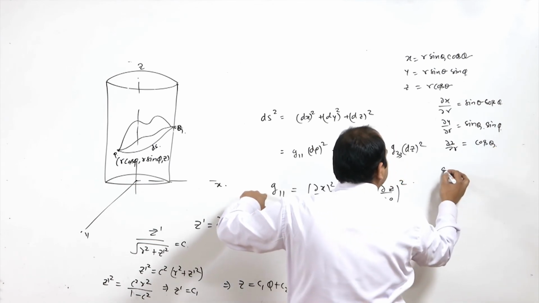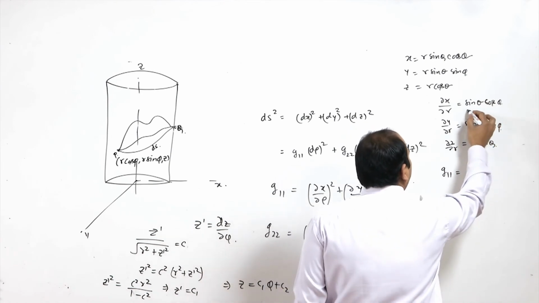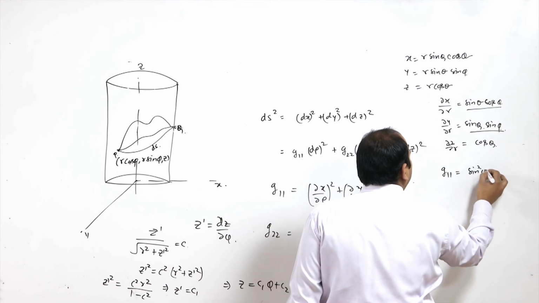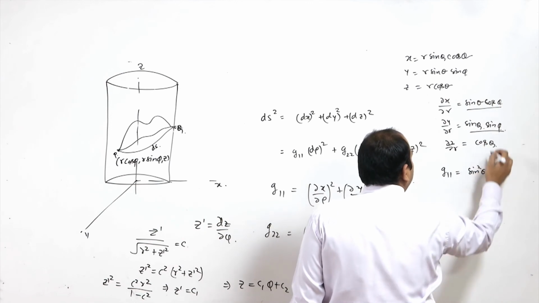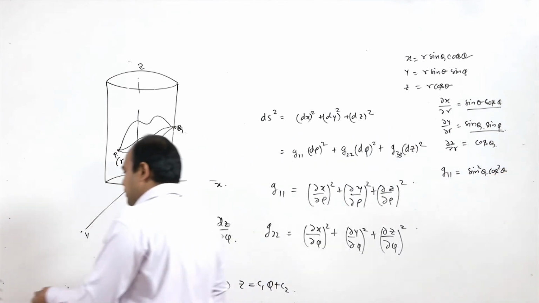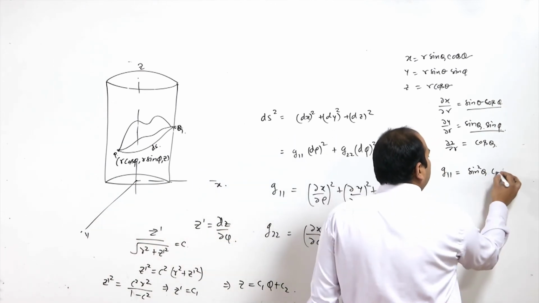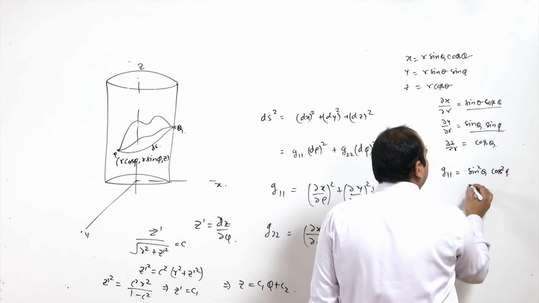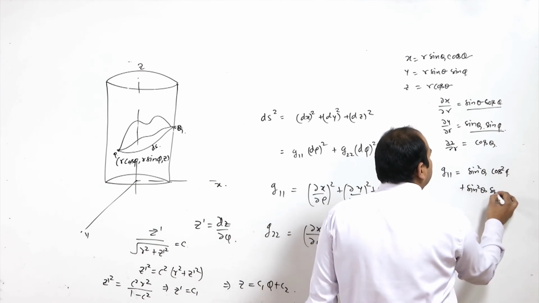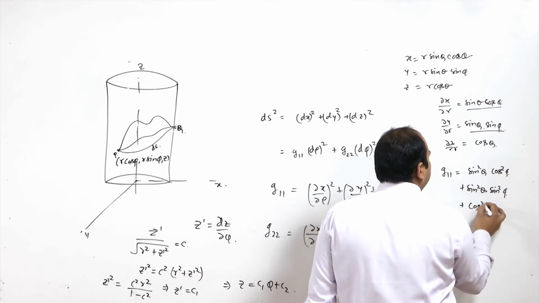So g11 is basically the sum of squares of these three terms. When you square these, you will get sin square theta cos square phi plus sin square theta sin square phi plus cos square theta.